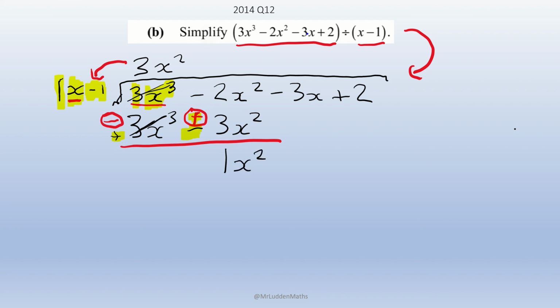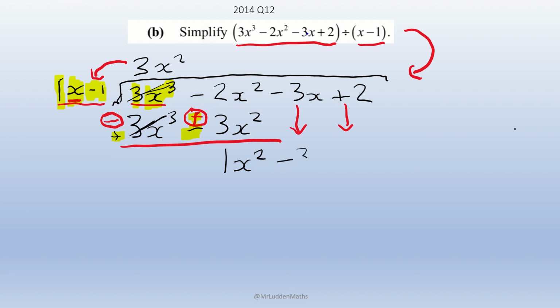And at this point, you might think, what's the story with my 1x squared here? This is going to be like the foundation block of the next part that I have to do. But you'll notice that I haven't dealt with my minus 3x here or my plus 2. So I'm going to bring those down because I have to deal with them. I have to see how many times my 1x minus 1 goes in here at some point as well.